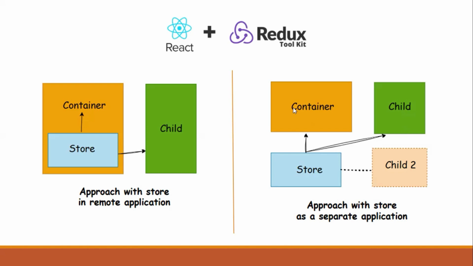So for now, we have only two applications, one is container and one is child. But in future, we can have more child applications and they can easily access the store. So this is basically the approach. We can go with the store in the container application itself, or the store as a completely separate application to manage the store as a central entity.